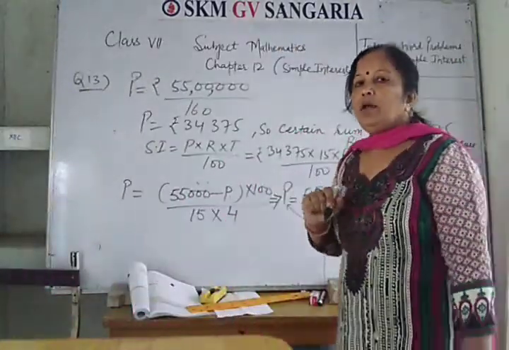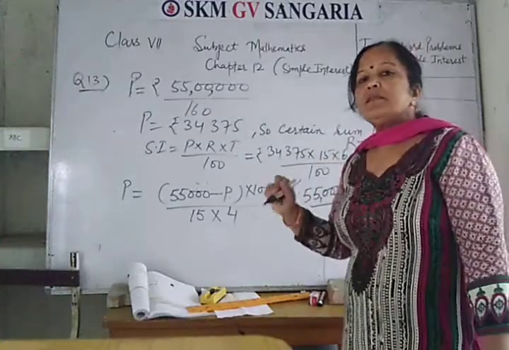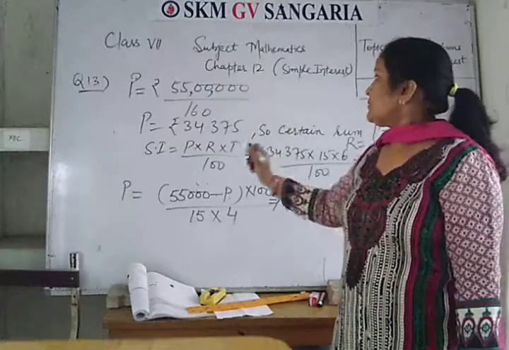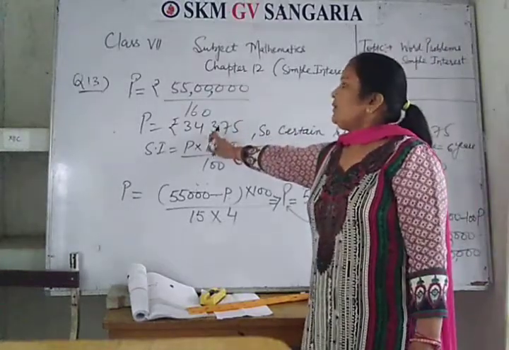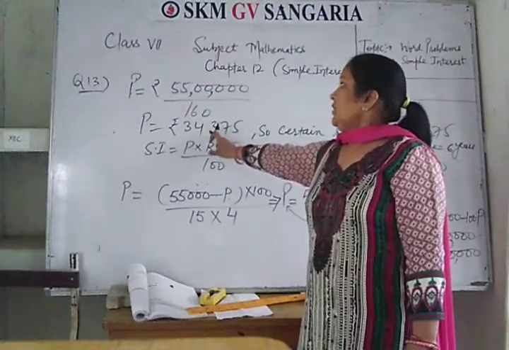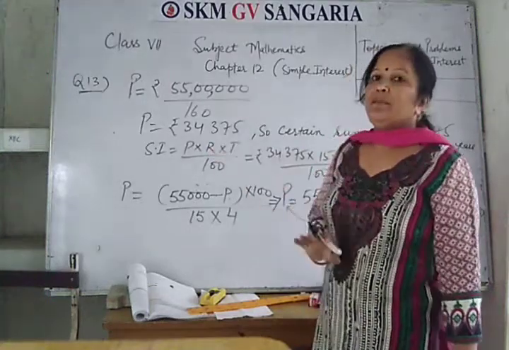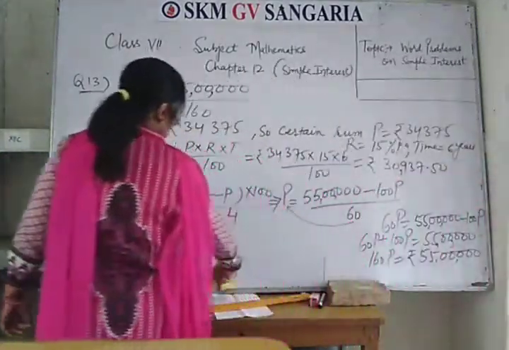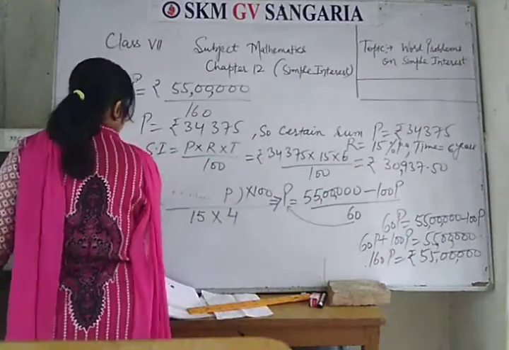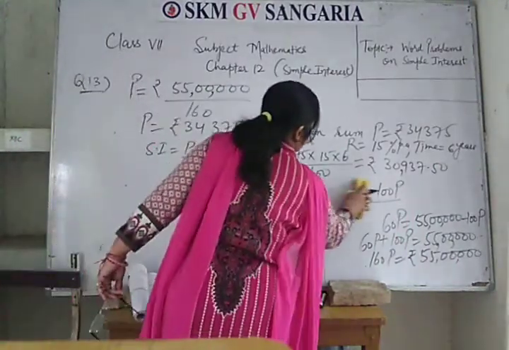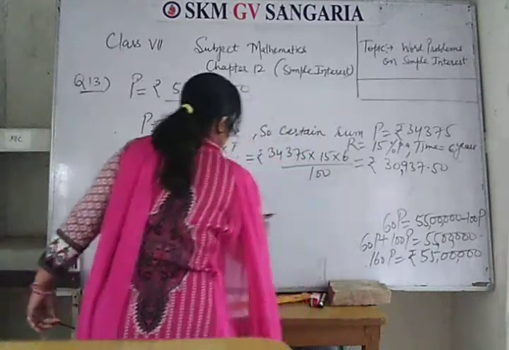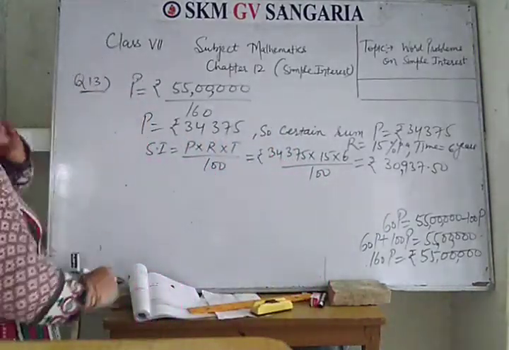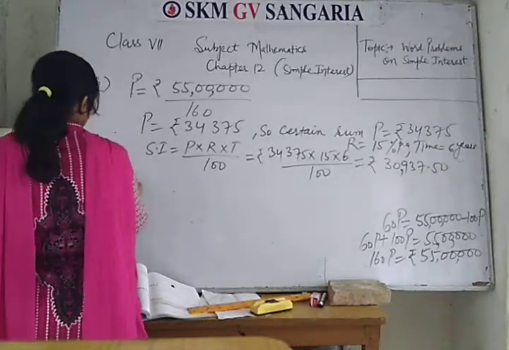Now for the amount, what is the formula here? Principal plus simple interest. You will add the simple interest and the principal, and you will get the amount. So the principal is here, and the simple interest is with you now. So you are going to get the amount.